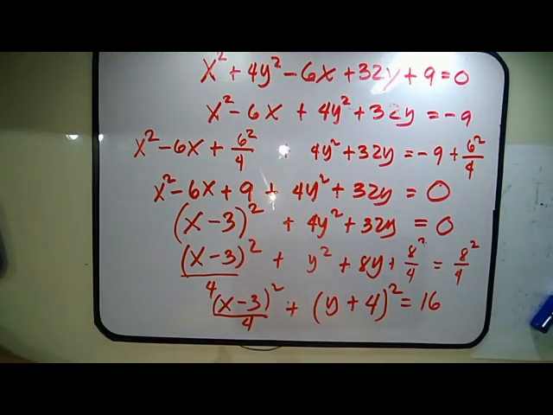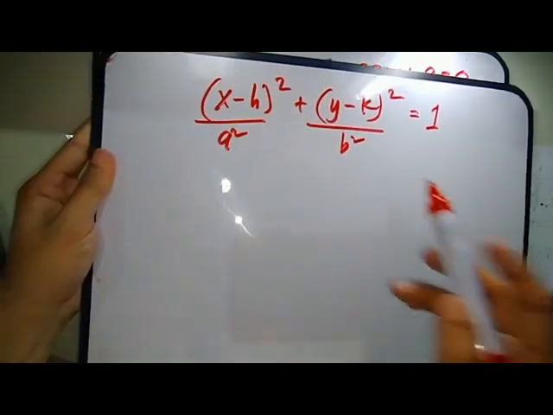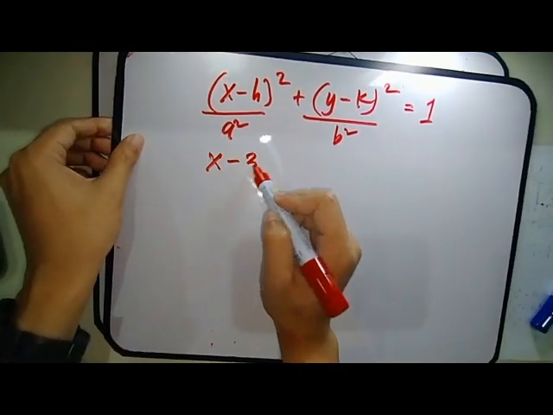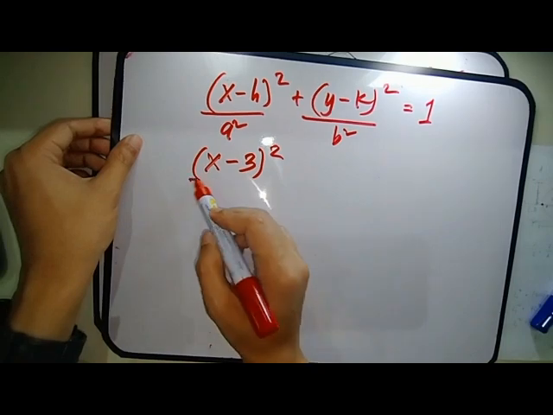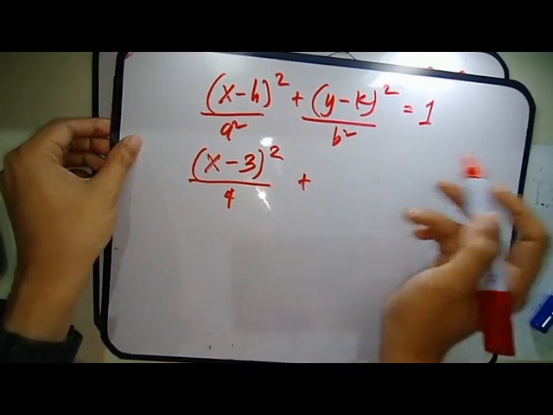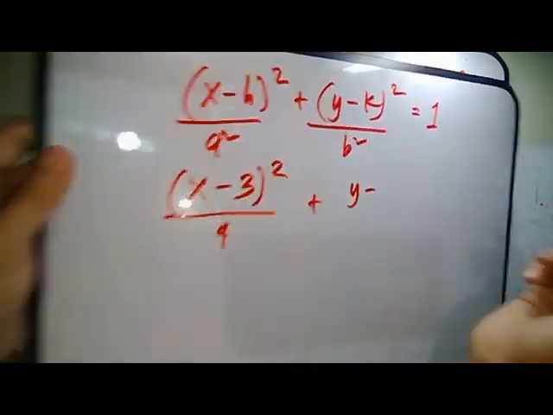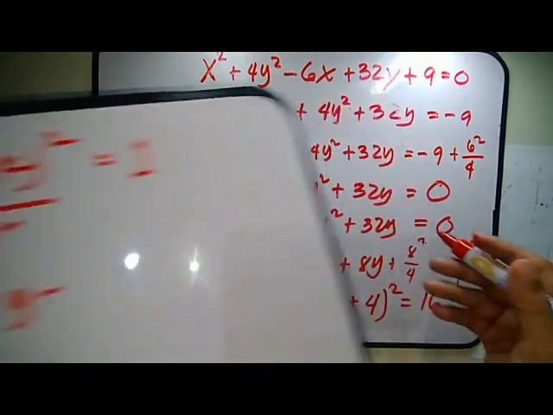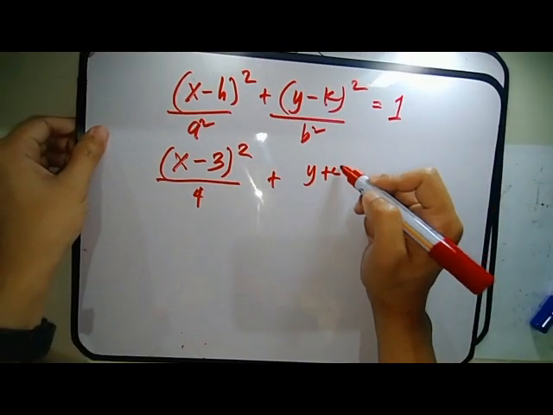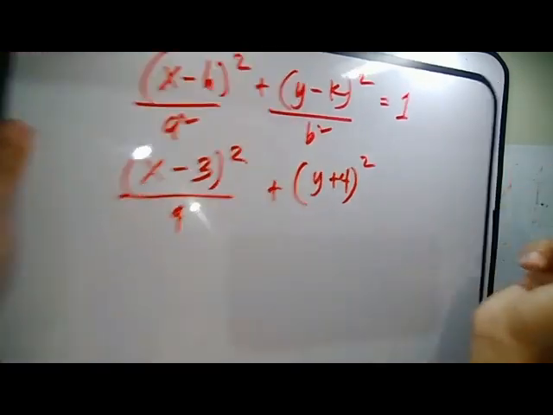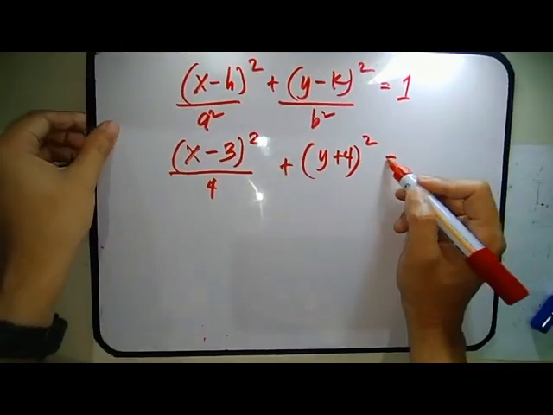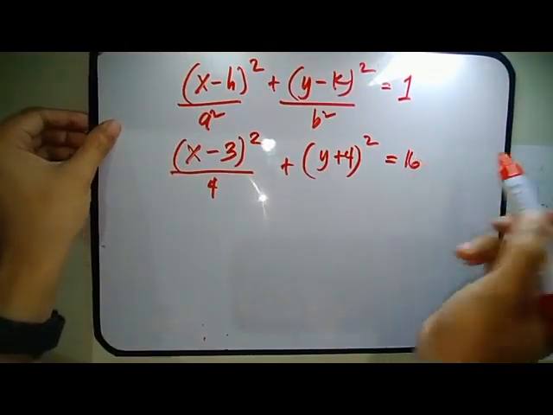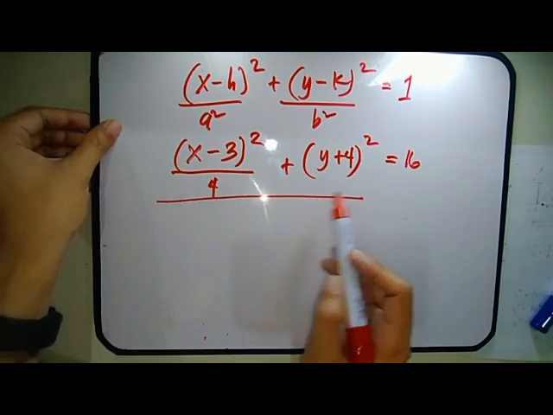Now, yung nakuha natin is ito, x minus 3 squared all over 4 plus y plus 4 squared equals 16. So, para maging 1 to, divide natin both sides by 16.